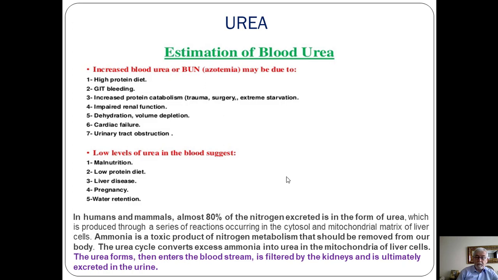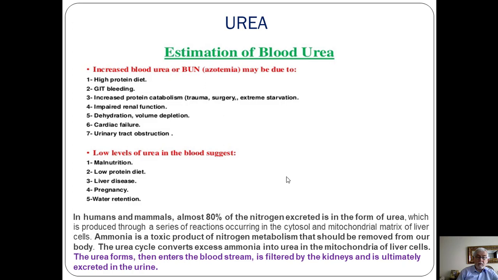Urea is very important for excretion of the nitrogen molecule, because we accept that ammonia is a dangerous product. Ammonia is a toxic product of nitrogen metabolism that should be removed from our body. It's so important for health.